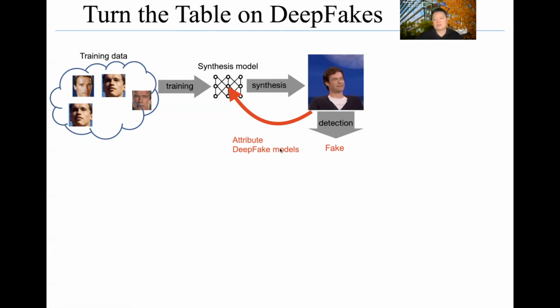So one is, instead of just classifying, determining if an input media is real or fake, we also want to go back and check what model has been used to create that deepfake media. This task is also known as the model attribution problem. So why are these kinds of methods useful?